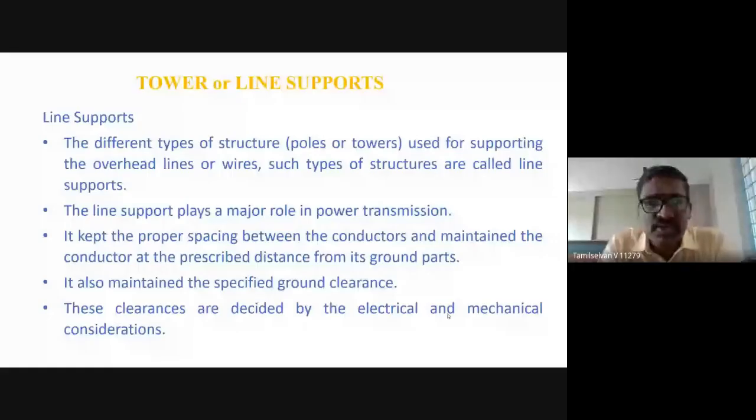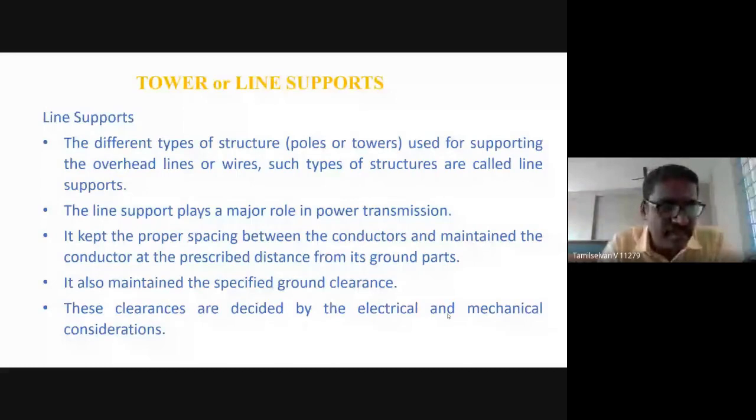Okay, so we use different types of structures. Either pole towers may be used for our transmission line to carry the conductor, right? That type of structure is what we call a line support.